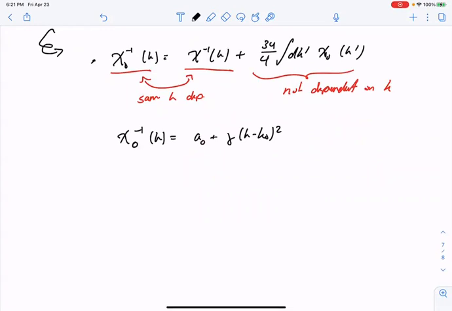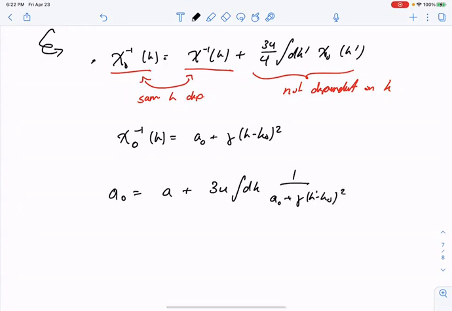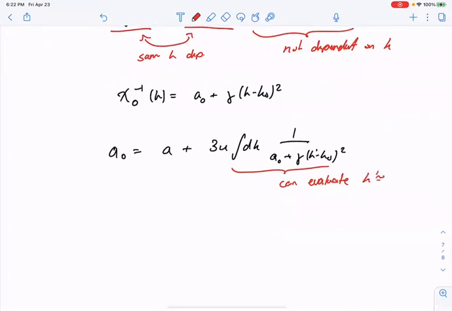Substituting that back in here, we have A naught is equal to A from chi regular inverse plus 3 u times the integral over k of 1 over A naught plus gamma times k minus k naught, quantity squared. That integral we can evaluate in the vicinity of k naught.